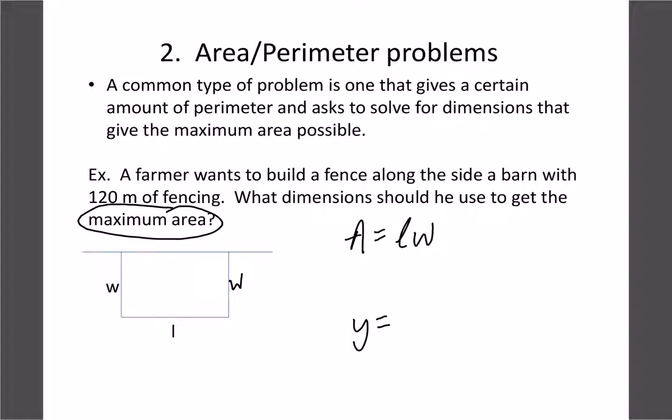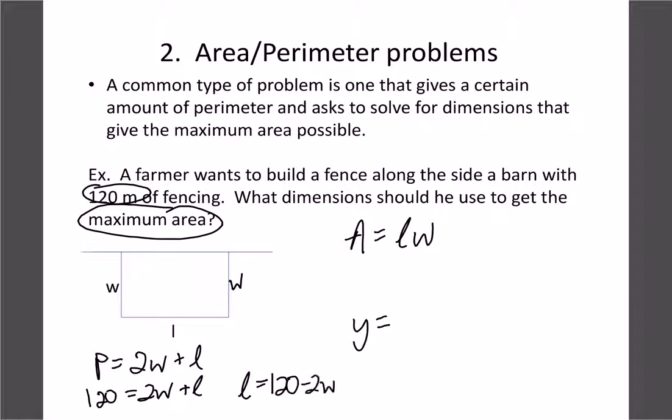So what we need to do is we actually have to solve the perimeter part first, and that's why they give you the amount of perimeter material. So if we look at our formula for perimeter in this case, we'd have 2 widths and 1 length. And if we know that that's 120, we can actually solve this formula for L just by bringing the 2w over. So we'd have 120 minus 2w. So then what we want to do is substitute that into our area formula.